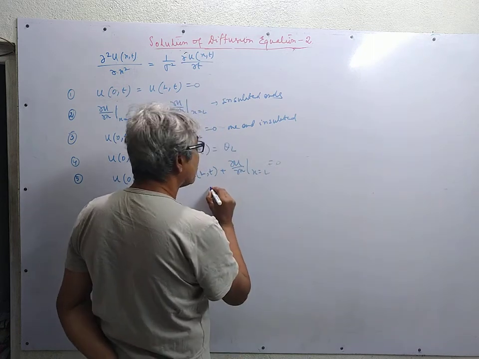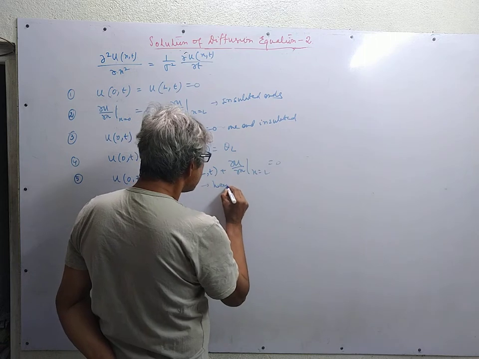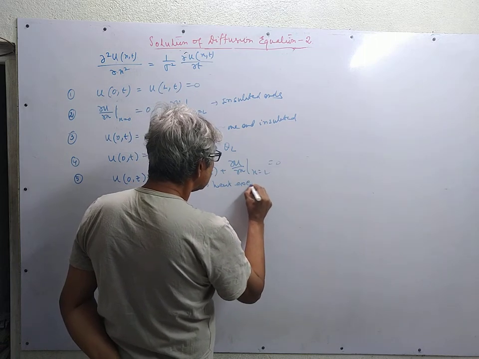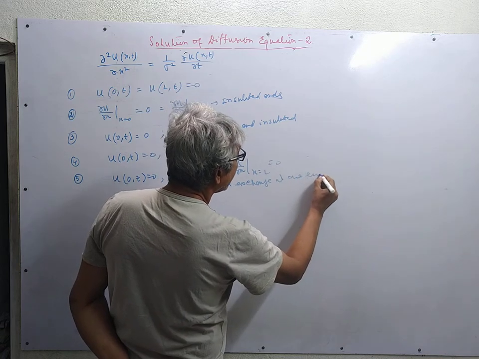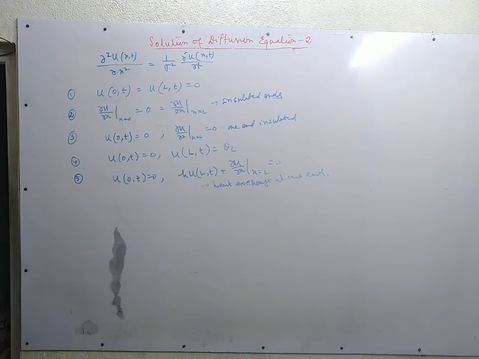Heat exchange at one end. These were the 5 different boundary conditions that I have considered in solving the diffusion equation in the 1D Cartesian system.